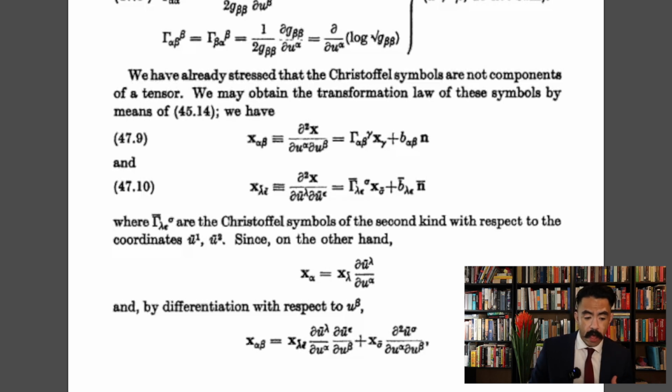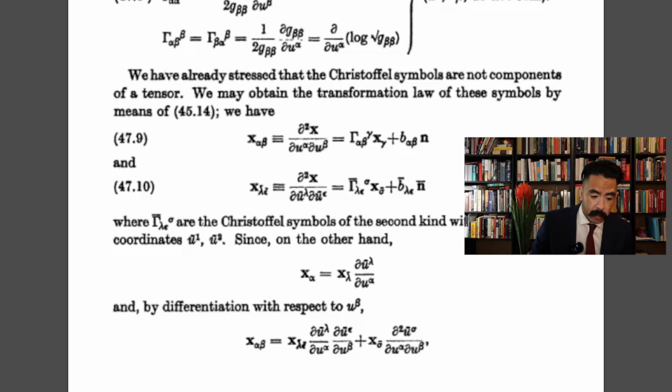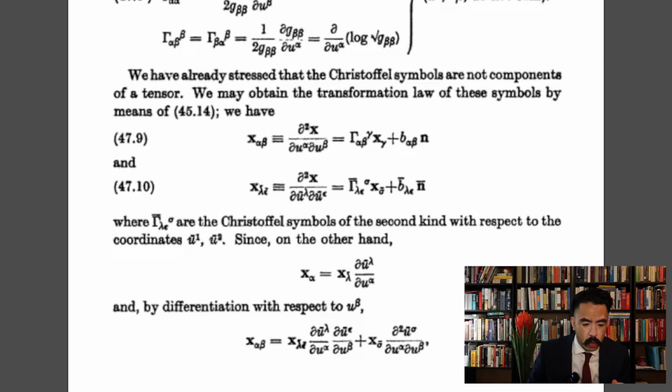Since, on the other hand, x_α is equal to x_λ̄ ∂ū^λ/∂u^α, by differentiation with respect to u^β, x_{αβ} equals x_{λ̄ε̄} ∂ū^λ/∂u^α ∂ū^ε/∂u^β plus x_σ̄ ∂²ū^σ/∂u^α∂u^β.